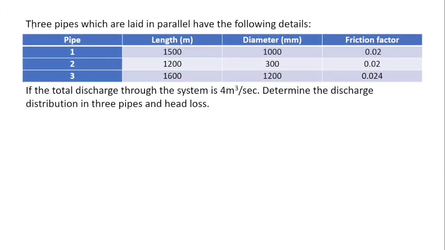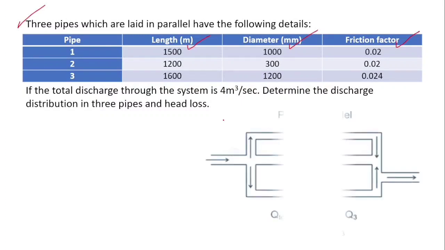So this is another question. Three pipes which are laid in parallel. So there are three pipes in parallel having following details. Length of all three pipes are given, diameter and frictional factor are also given. If the total discharge through the system is 4 meter cube per second, determine the discharge distribution in three pipes and head loss.